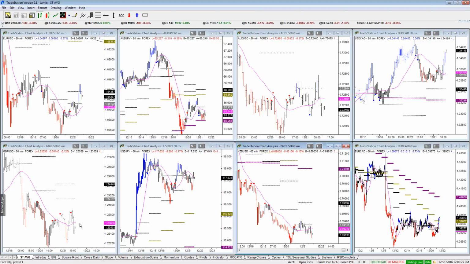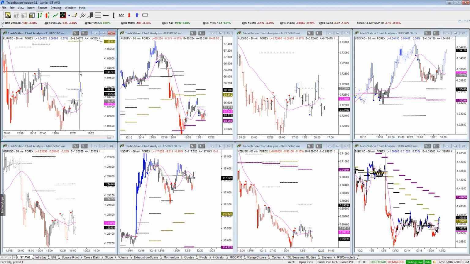All right, so let's do a quick summary. Euro, we could be looking at the buy of a lifetime next week based on the comparison with '04 and the end of year tax stuff and the exhaustion. Same could be said obviously for the dollar on the top side.